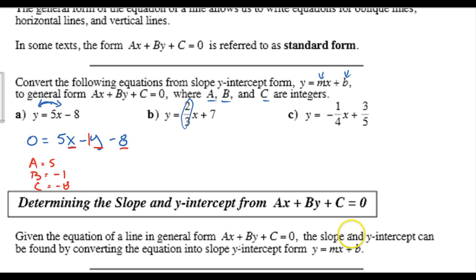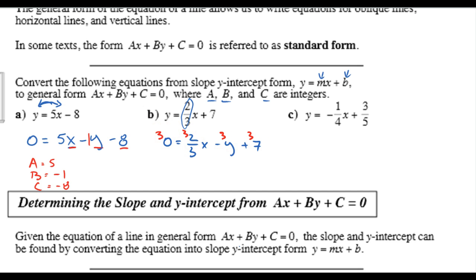All right, so now we have a problem here because I have a 3 in the denominator, and the key thing with the general form is you can't have fractions. So again, I'm going to move the y over: 2/3 x minus y plus 7, but then I'm going to multiply everything by 3 to get rid of that denominator.